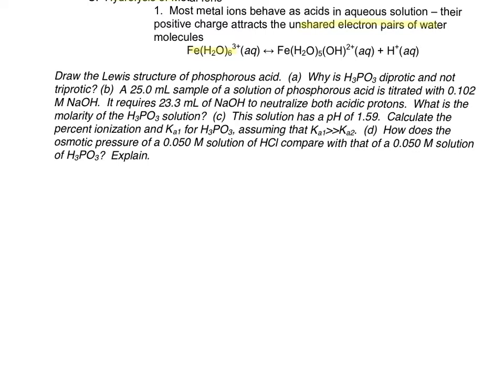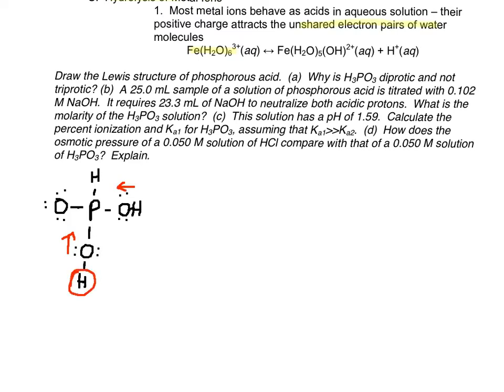First, we're going to see why H3PO3 is diprotic and not triprotic. And to do that, we're going to draw the Lewis structure of phosphorous acid. So here's our Lewis structure, and if we notice, there are only two hydrogens that are attached to oxygens, and remember oxygens are very electronegative, and so that means that we have two hydrogens that have very, very polar bonds between the oxygen and the hydrogen.